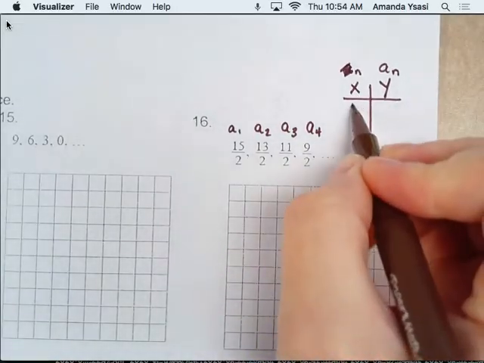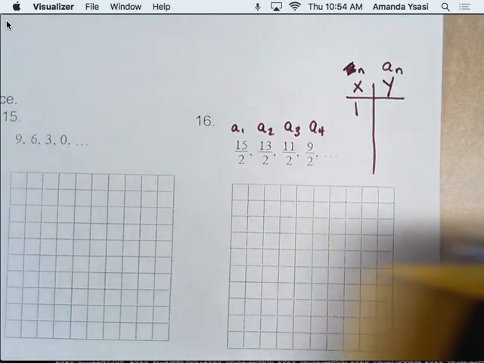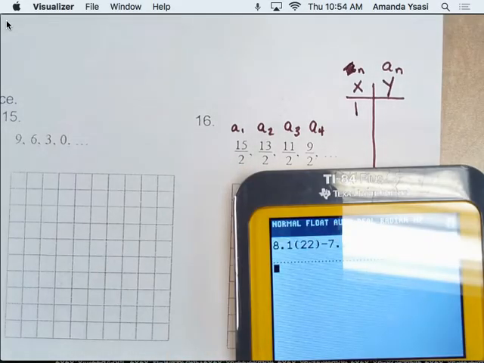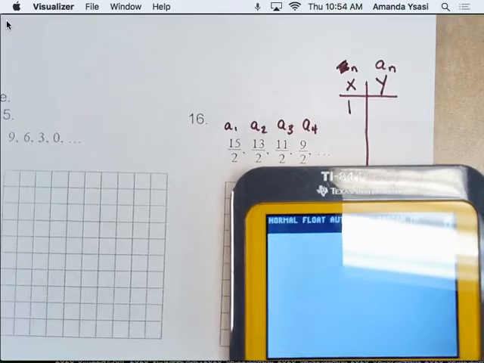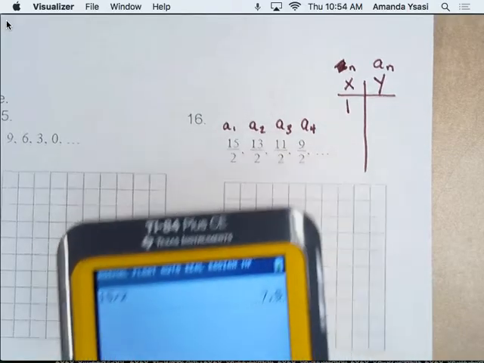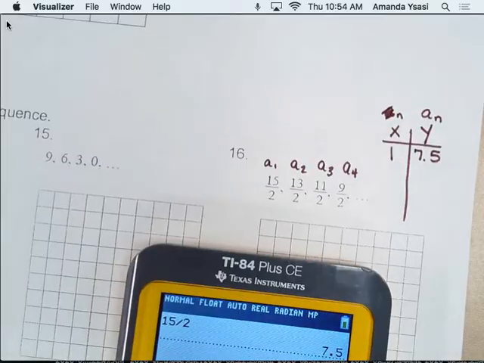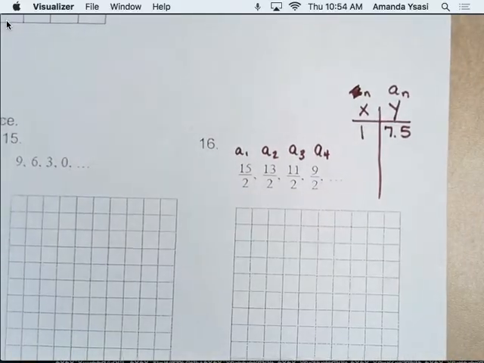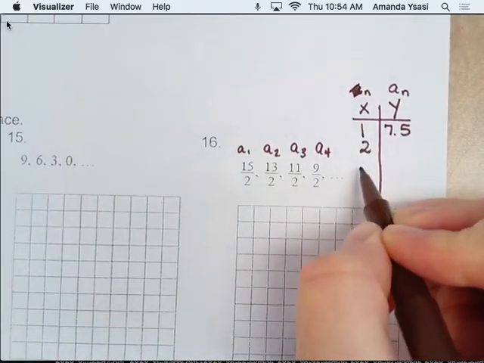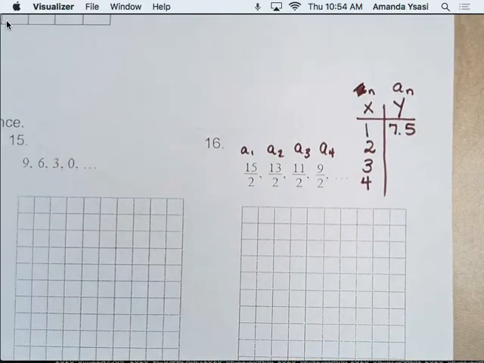So on the first term, it's 15 over 2. But if I'm going to graph this, I really need to know what the decimal is. So let's divide 15 by 2. 7.5. So I'm going to write this as, the first term is 7.5. Second term, third term, and fourth term. Go ahead and write down what those terms are.